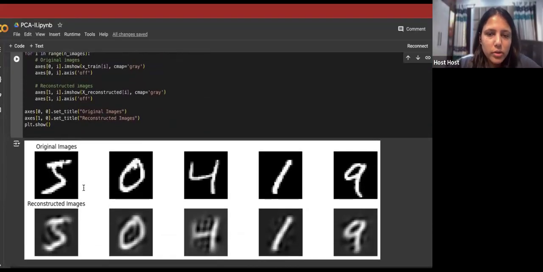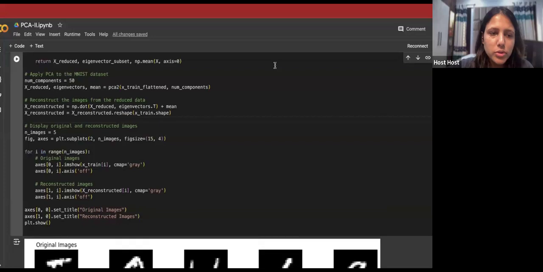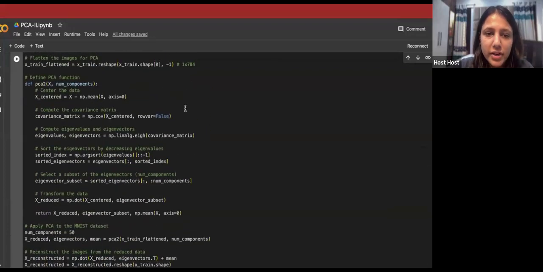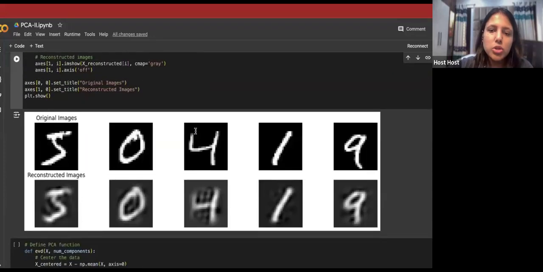So what is happening? So these are the original images. Now what I have done is I have projected this whole data onto some 50 dimensions out of 784 dimensions. Okay. So when you project this data, some of the properties remain the same, right? And that is the whole point of doing PCA, that your properties remain same, your variance retention is higher, right?